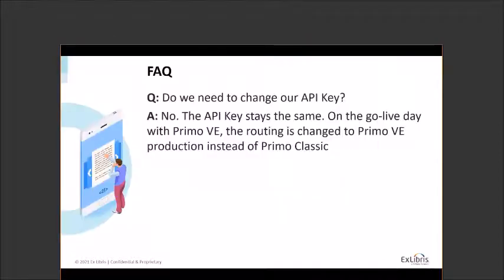Let's start with some frequently asked questions. So we talked earlier about the API key. The question is, do we need to change our API key? And the answer is no. It remains the same. The one thing that does change is the routing.